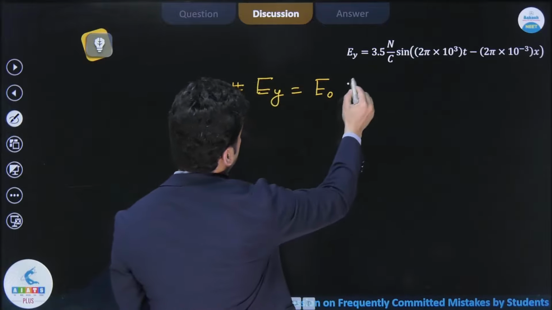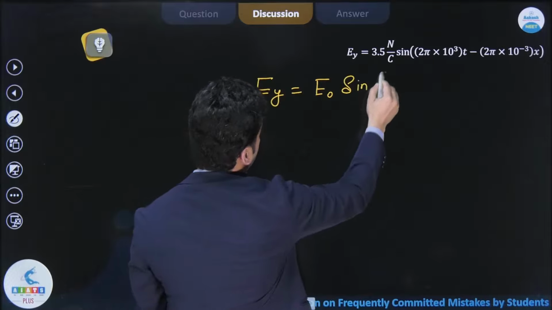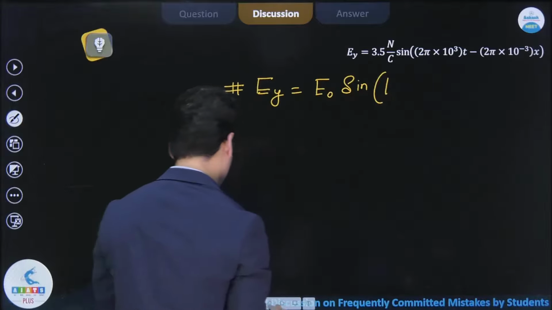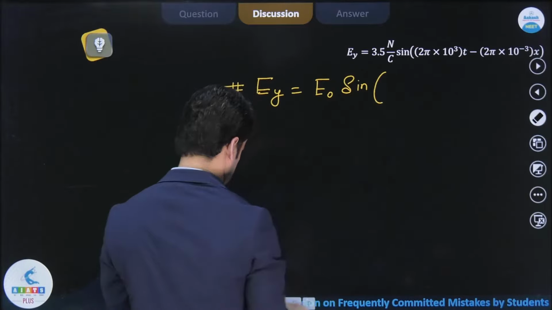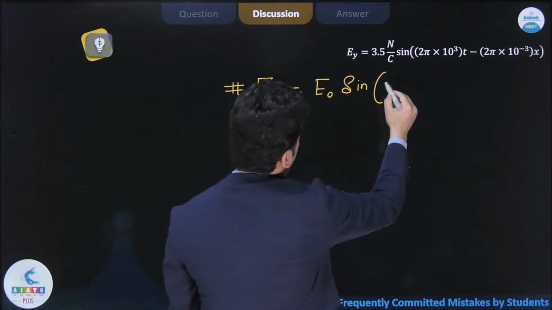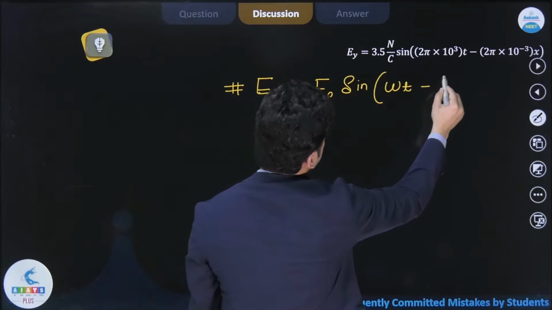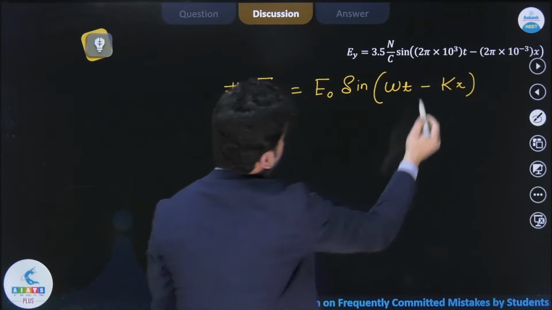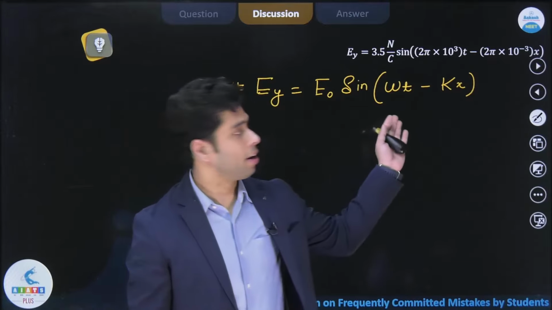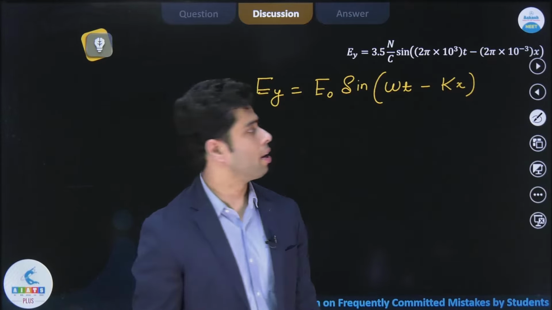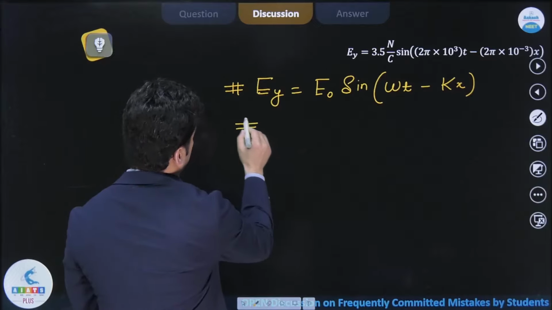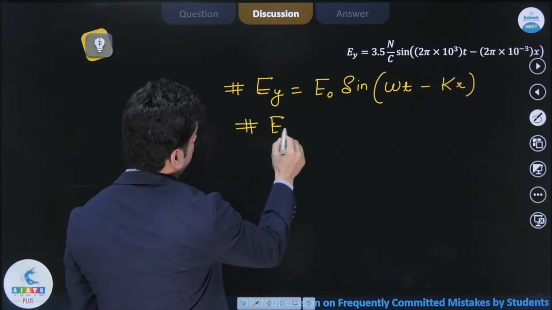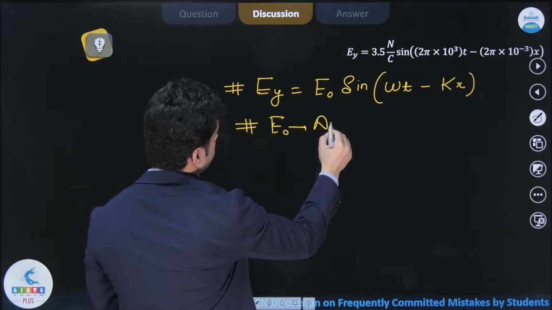So Ey will be equal to E naught sine of omega t minus kx. सपोज आपको स्टैंडर्ड इक्वेशन इस फॉर्मेट में दी हुई है, ठीक है, E naught sin kx minus omega t. So what you can conclude is that E naught is the amplitude of the electric field.